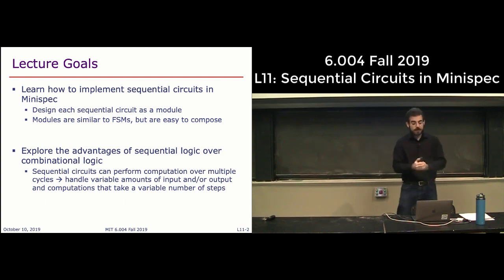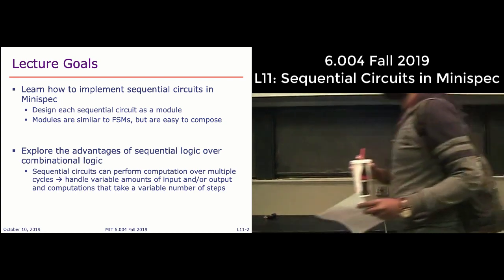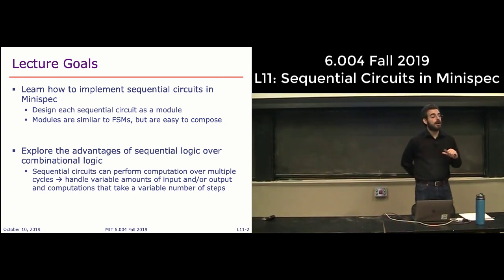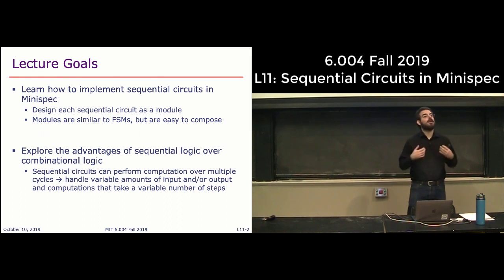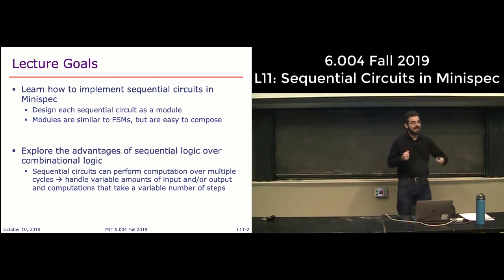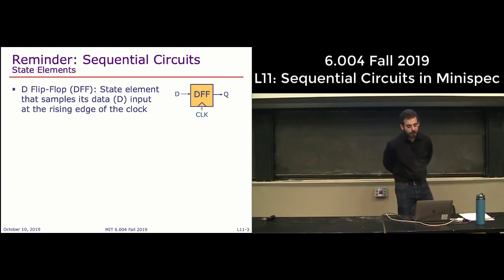You must have a fixed number of bits. But if you do these computations over multiple cycles, you get two key benefits. You can do computations that produce or require a variable amount of output or input, and also you can implement computations that require a variable number of cycles. Things like for loops or while loops that take a variable number of iterations. And so we'll see how to do those in the second part of the lecture.